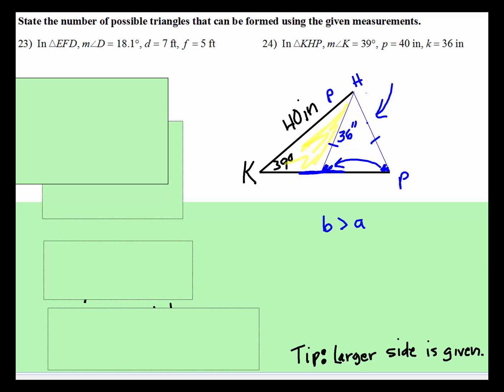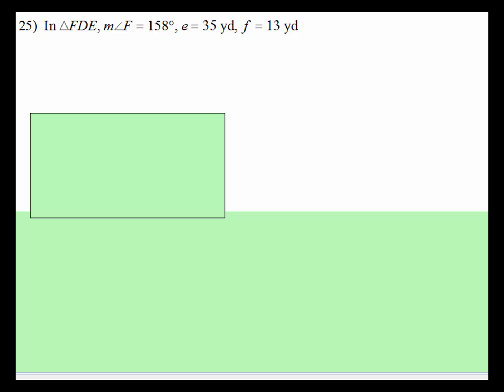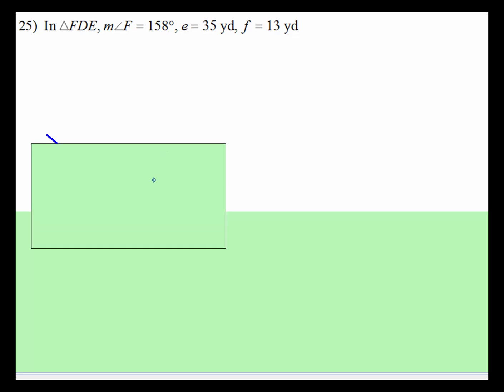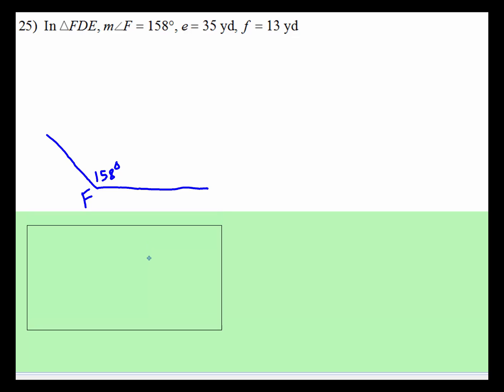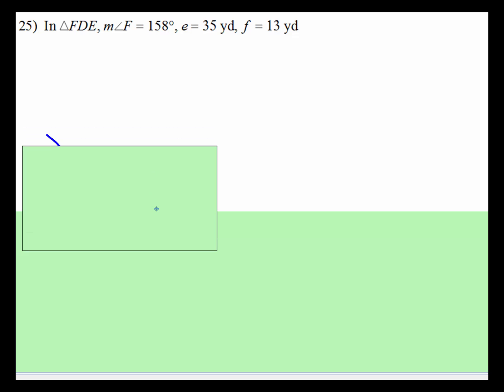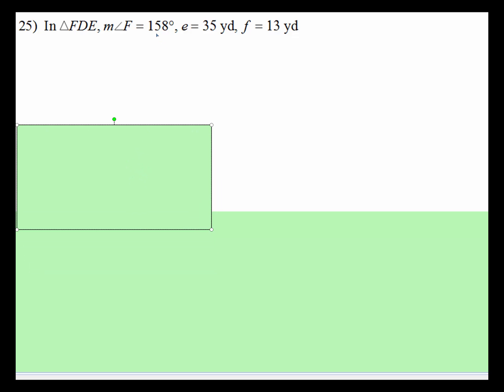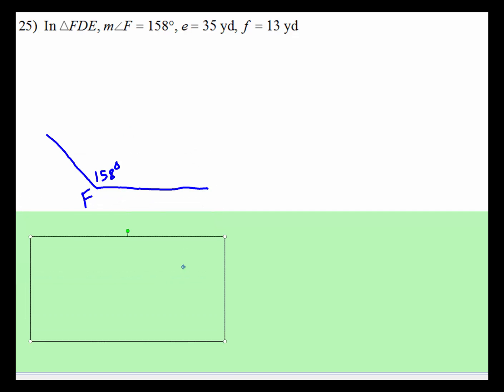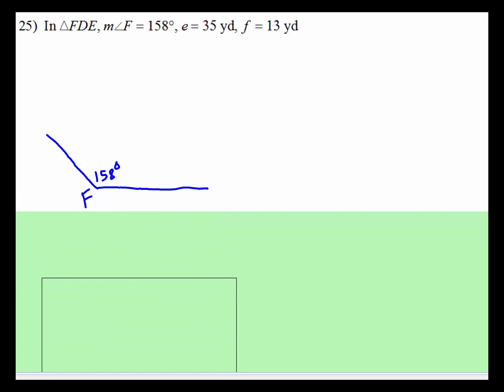Okay. And then let's go ahead and see what happens here. Let's see if that's the third. All right, so here we have this information. We have F is 158 degrees, E is 35 yards, and F is 13 yards. So this is angle F. So the side opposite F is 13 yards.